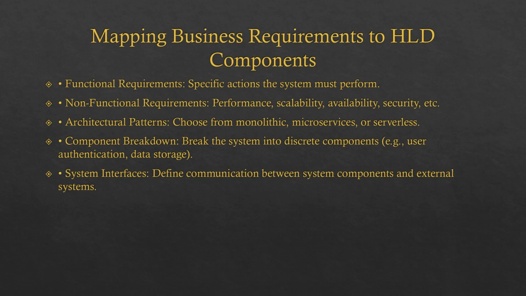Non-functional requirements, on the other hand, address aspects like performance, security, and scalability. To make these requirements actionable, we break them into high-level components, define system interfaces, and choose the appropriate architecture such as monolithic, microservices, or serverless.